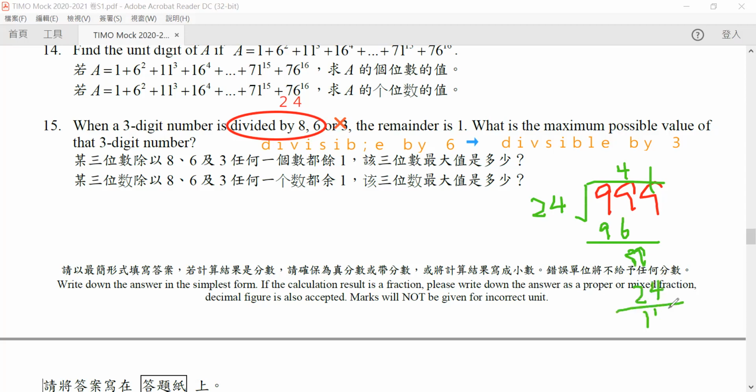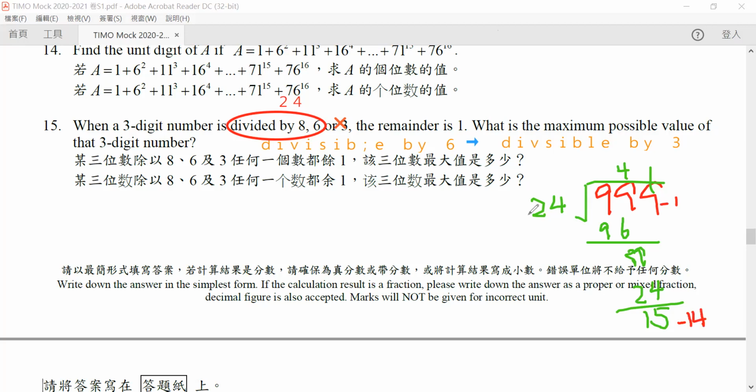We will get 15. So in order for it to have a remainder of 1, it needs to be subtracted by 14, right? Subtracted by 14.